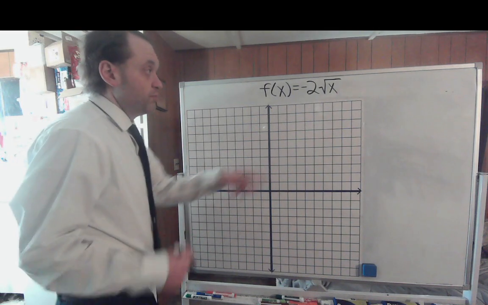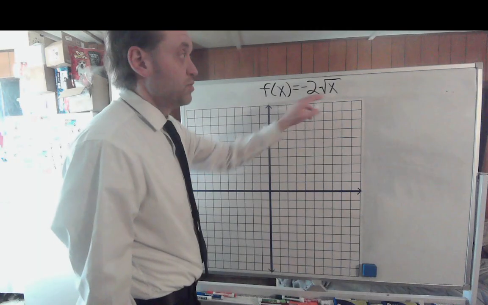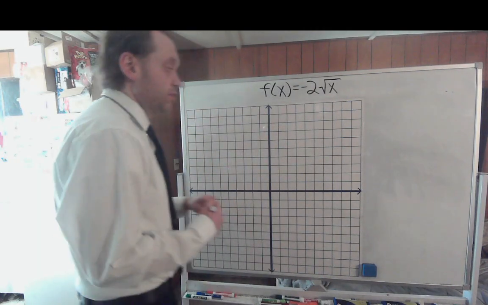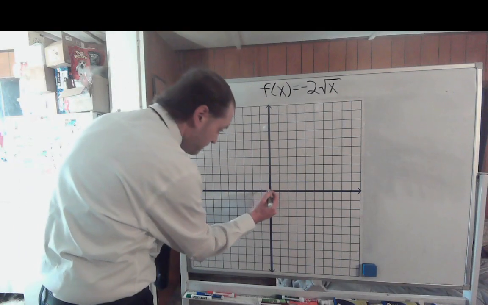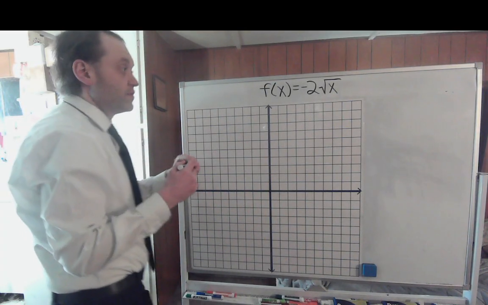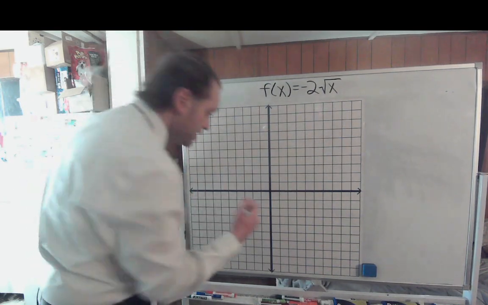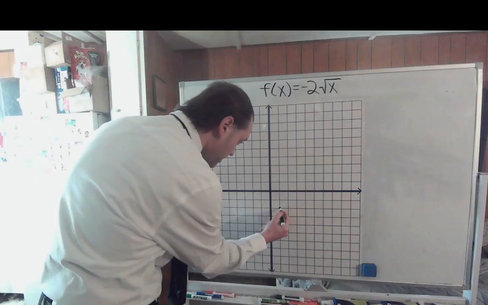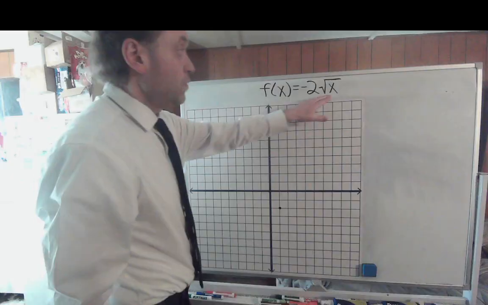But the domain of x in this case, since it's just the square root of positive x, would be greater than or equal to 0. So when x is 0, you would still get 0, right? Alright, now let's put in 1 for x. Square root of 1, of course, is 1, times negative 2 is negative 2, which would go right there. Now let's put in 4.